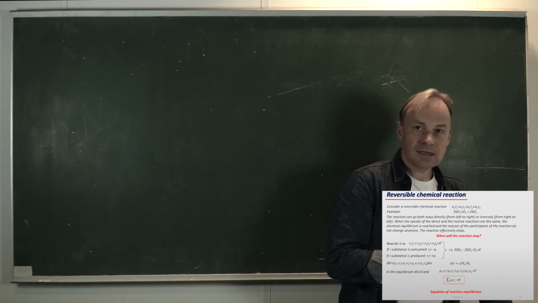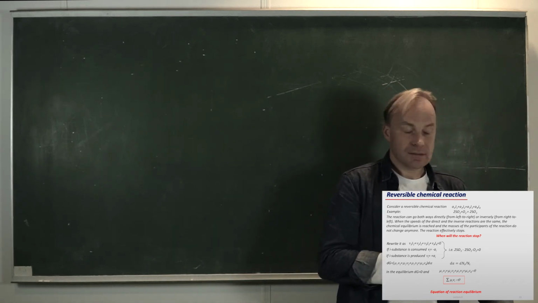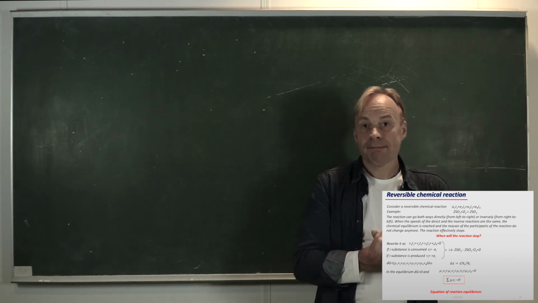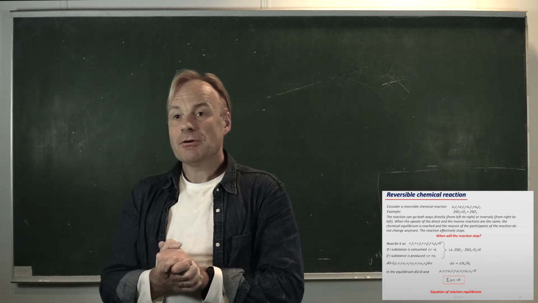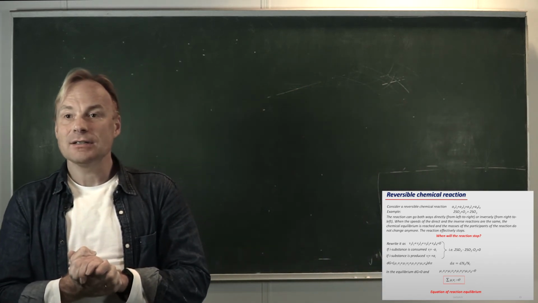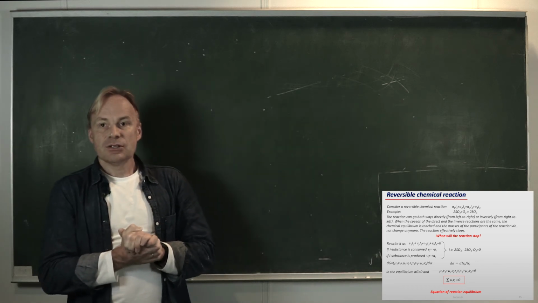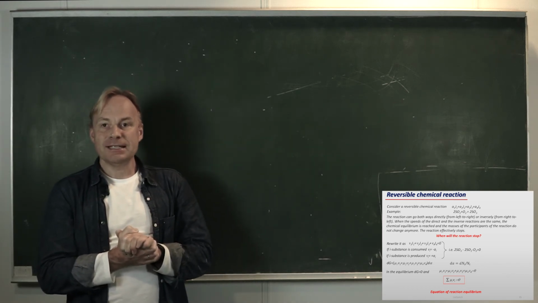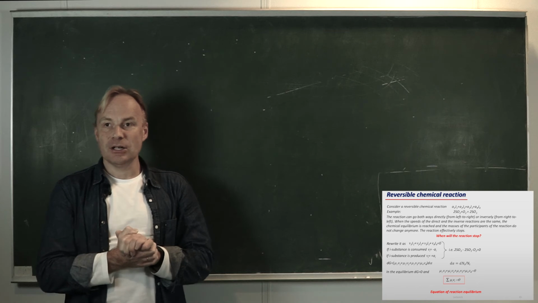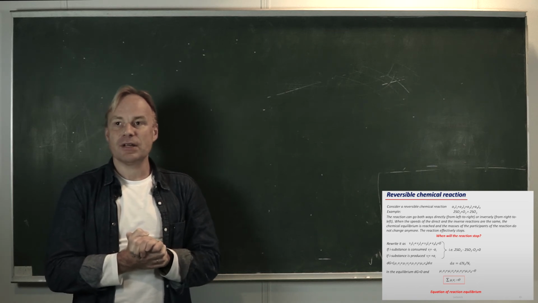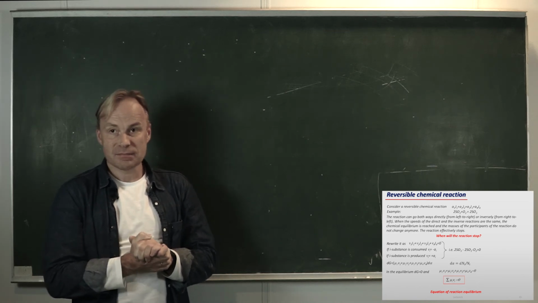I write the expression for the chemical reaction slightly differently. It's not a chemical expression, it's more a mathematical expression now, showing that I have a number of participants in the reaction, those that are consumed if we talk about the direct reaction, and those that are produced.